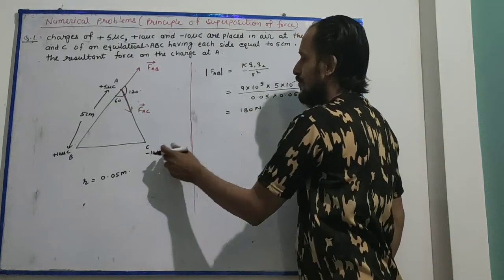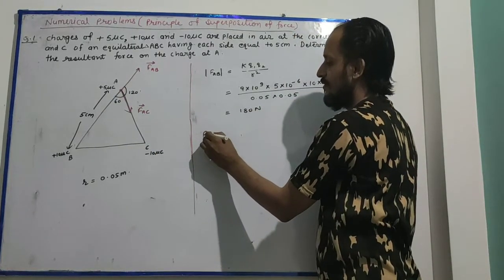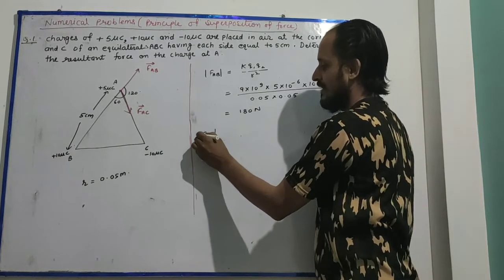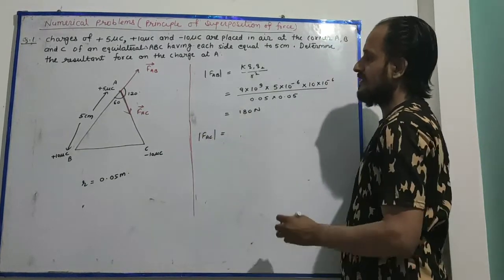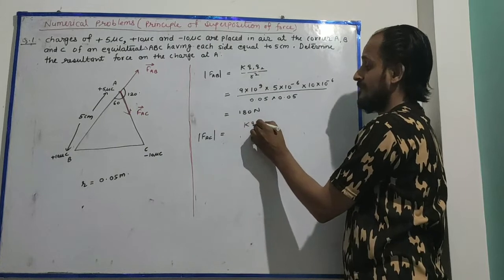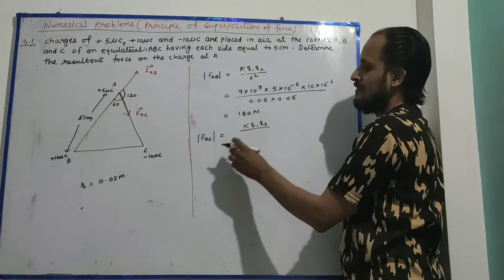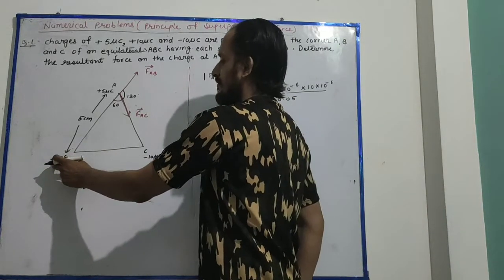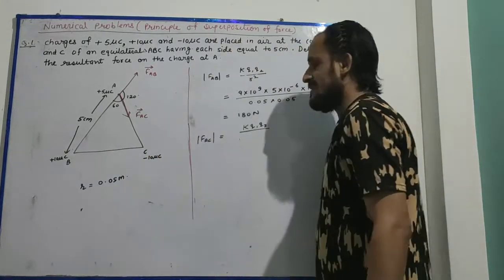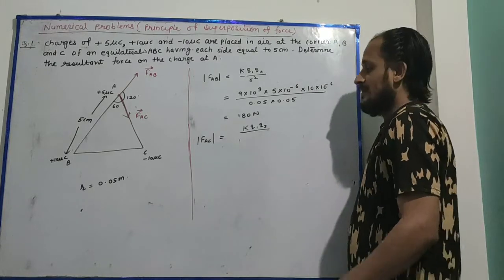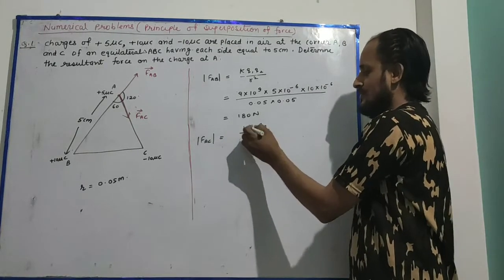Similarly, find the magnitude of force exerted on charge A due to C. If you calculate it, it comes the same. Why does it come the same? Because this is plus 10 microcoulomb and minus 10 microcoulomb, but we are finding the magnitude. So put the value.